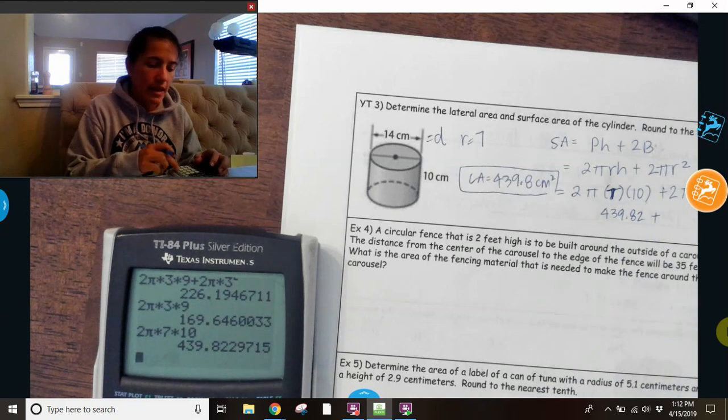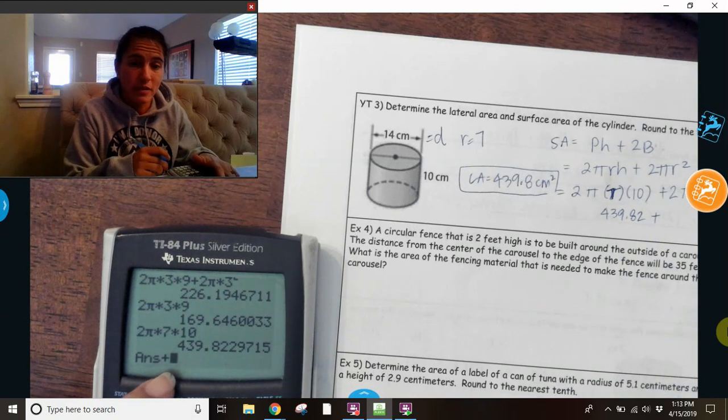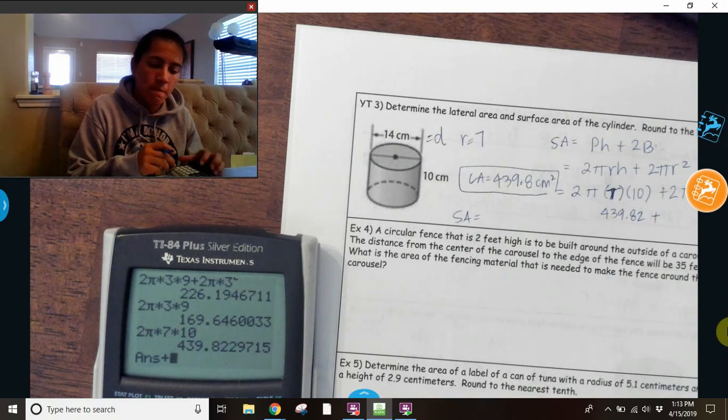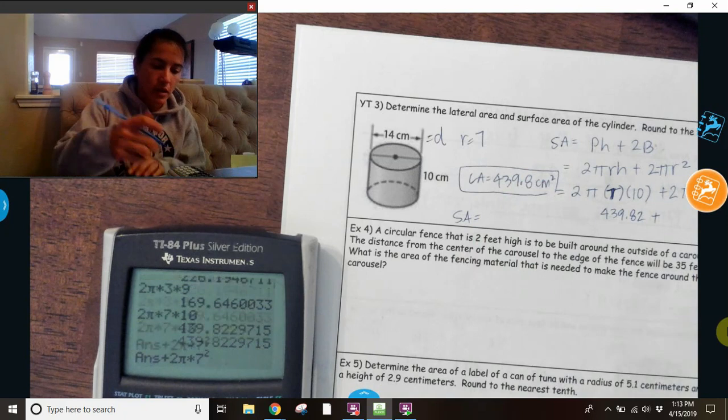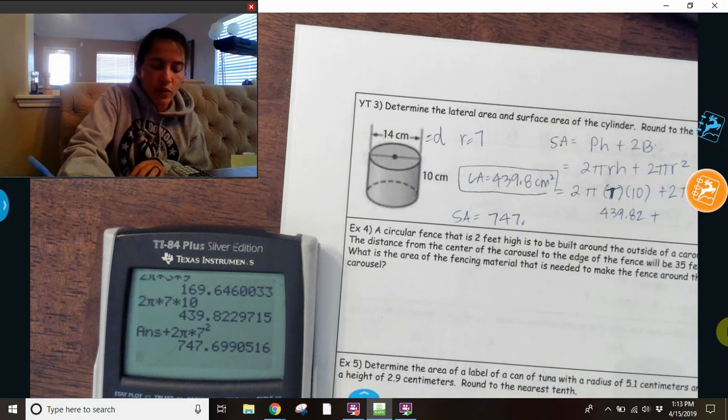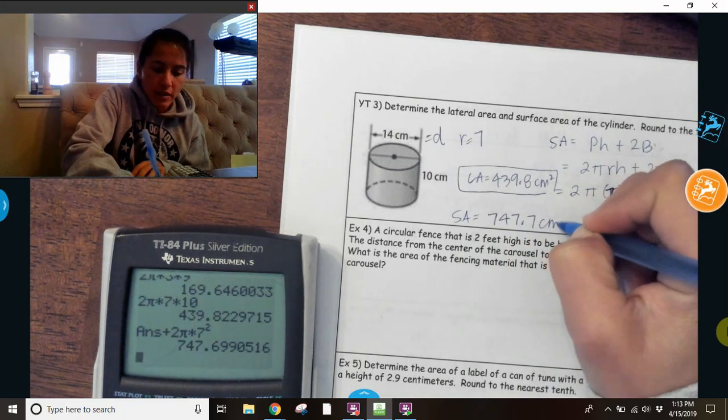And then I'm going to add that. So I'm just pressing plus. 2 pi times 7 squared. And the total surface area is 747.7 centimeters squared.